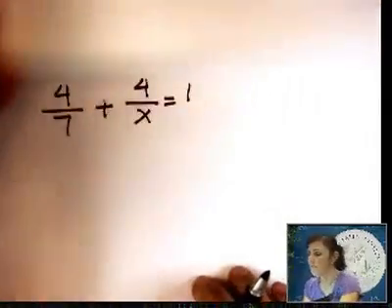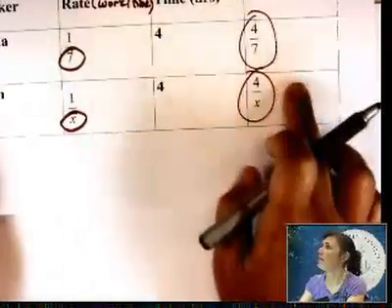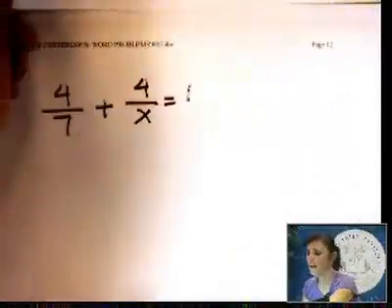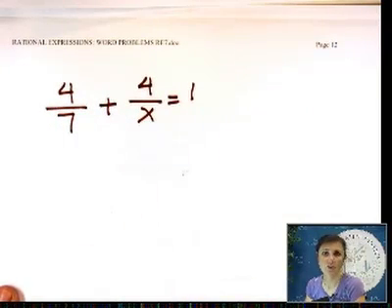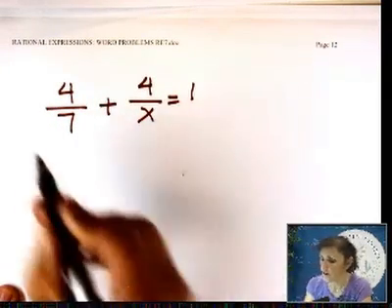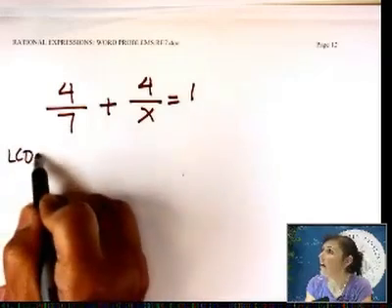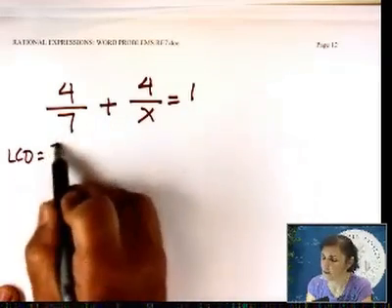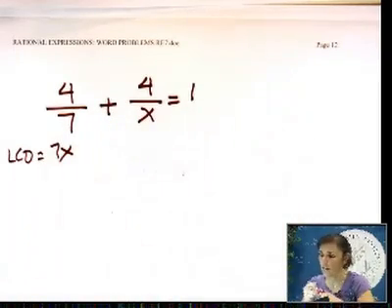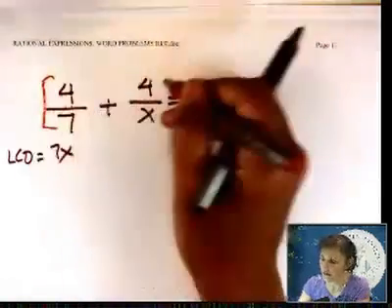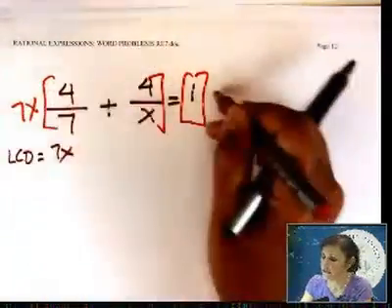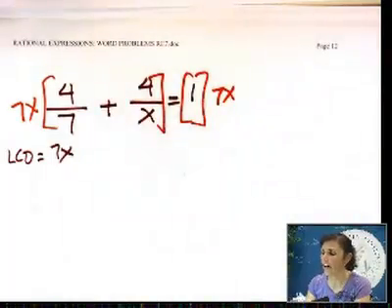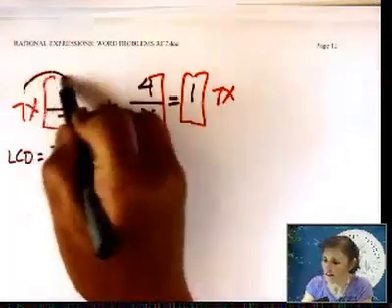Do you see it? 4/7 plus 4/X equals 1 task. And now this just became a rational equation. So I go and find the LCD. That happens to be 7X. And put your brackets.